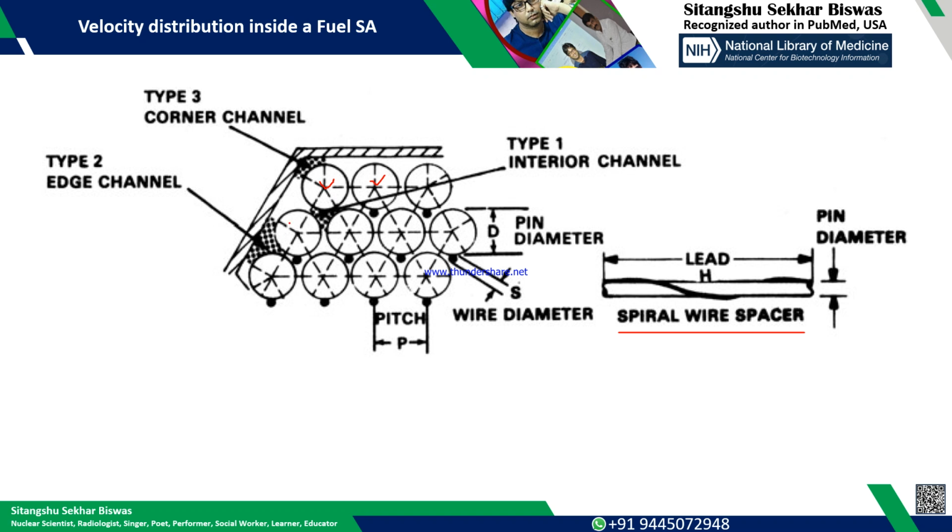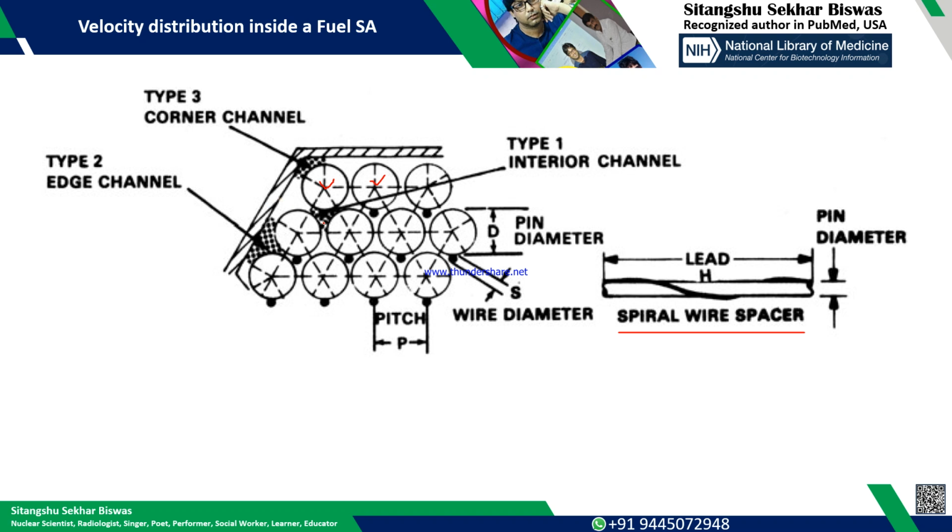It's a hexagonal shape. Normally the fuel subassembly will be hexagonal, and inside there will be a lot of fuel pins. Through the gaps between the fuel pins inside a subassembly, the coolant will flow. So we are going to estimate that velocity distribution.